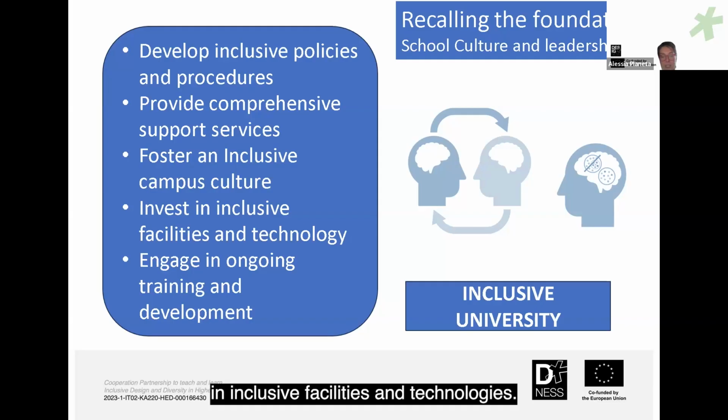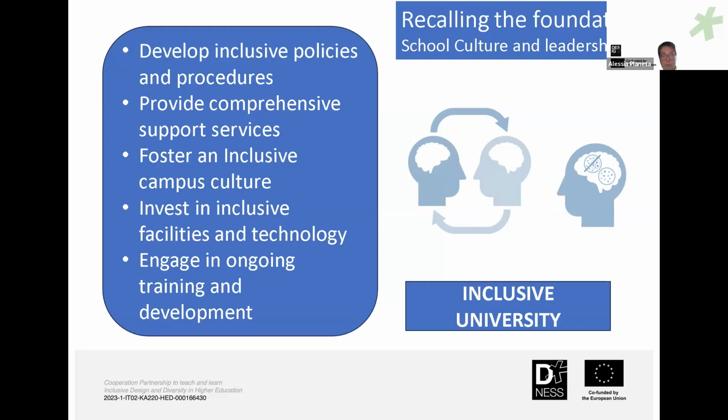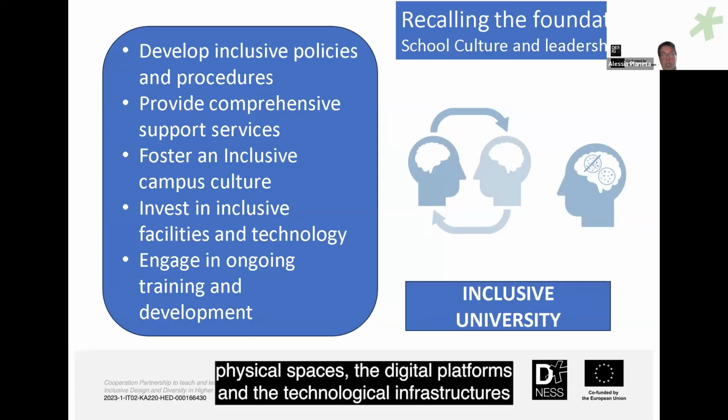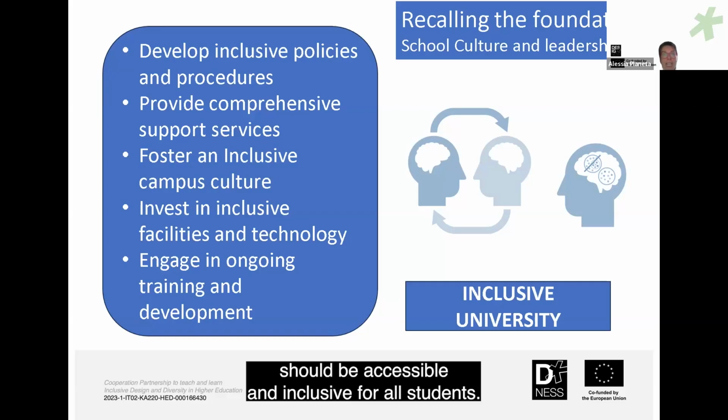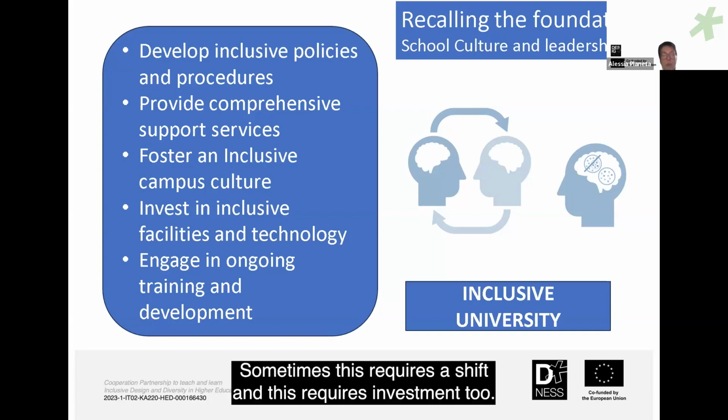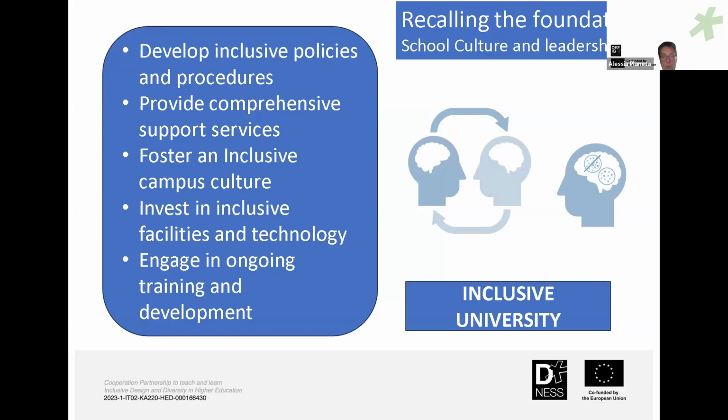Invest in inclusive facilities and technologies. The university's physical spaces, the digital platform, and the technological infrastructure should be accessible and inclusive for all students. Sometimes this requires a shift, and this requires investments too.